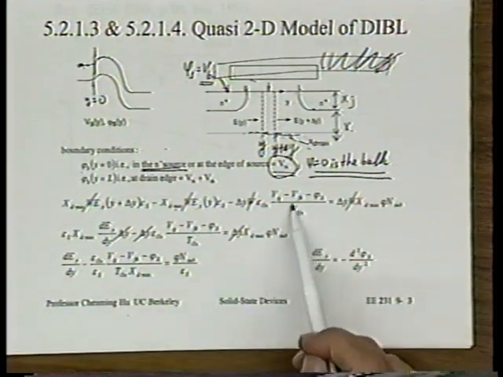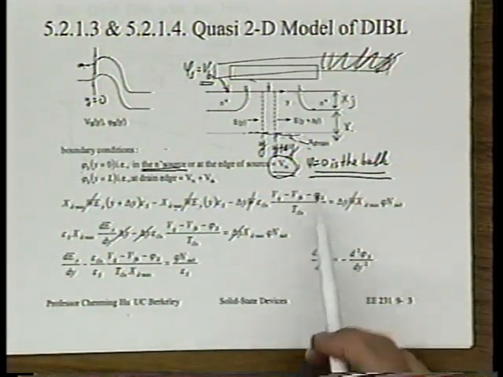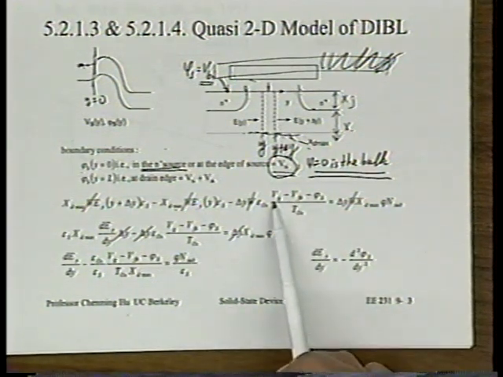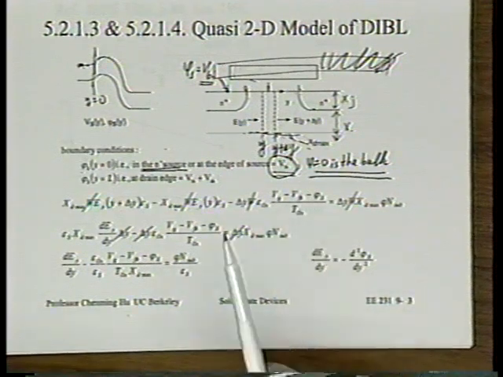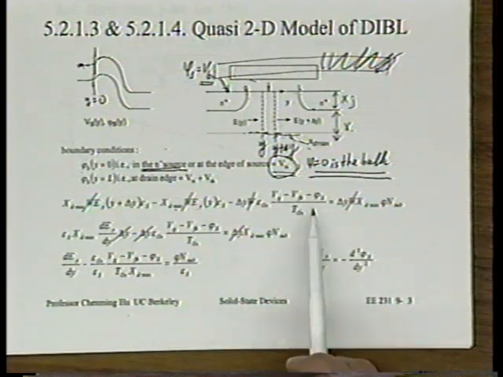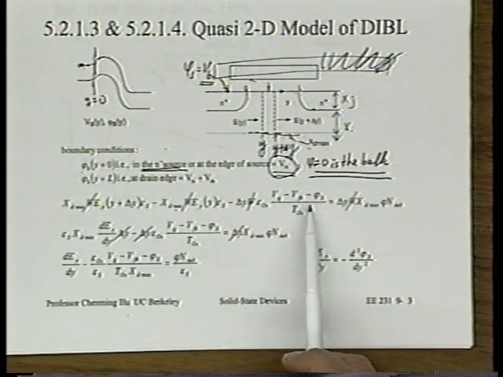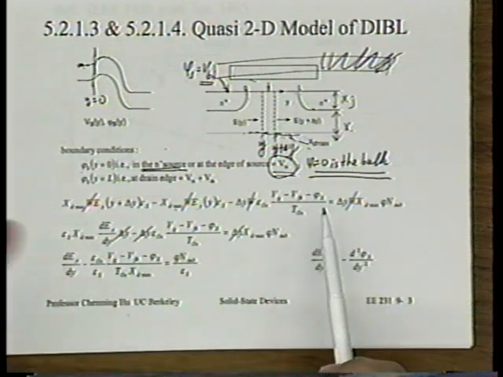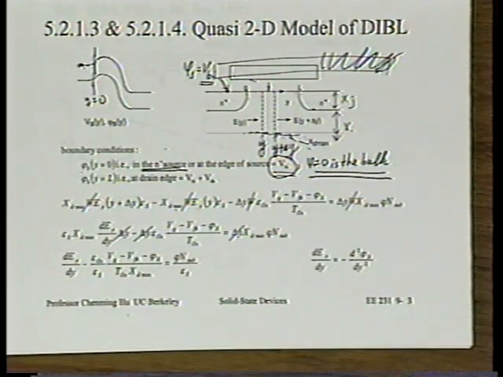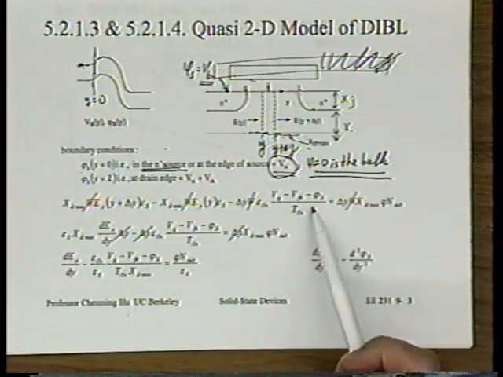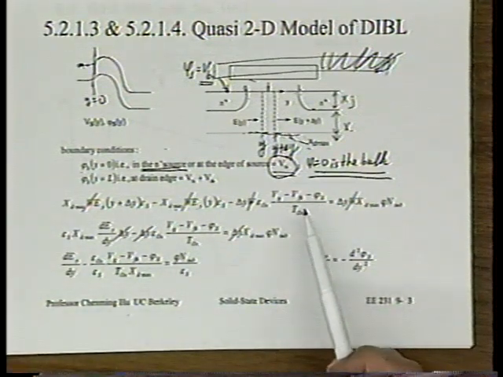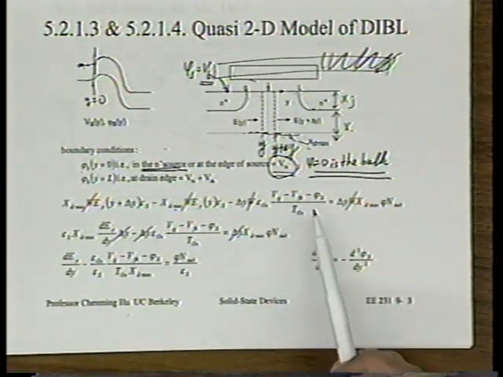So Tox is here. What do you remember as giving us Vox? Vox is always equal to Vg minus VFB minus phi s. Where does this come from? This comes from the fact Vg is equal to VFB plus phi s plus Vox. Remember? So very nicely, we express this electric field in terms of phi s. Phi s is going to be our unknown anyway. We're going to solve for that. Are you still with me?